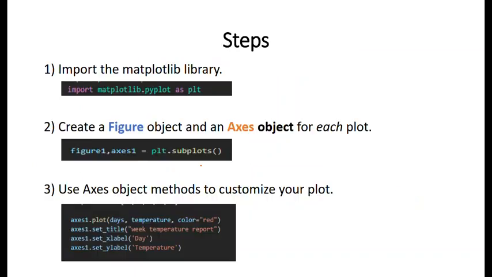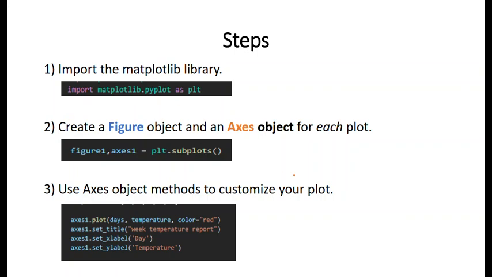Okay. Now, the steps to create any visualization using the Matplotlib library are very, very easy and simple. The first step is to import the submodule pyplot from the Matplotlib library and potentially use the alias plt for easier access later on.